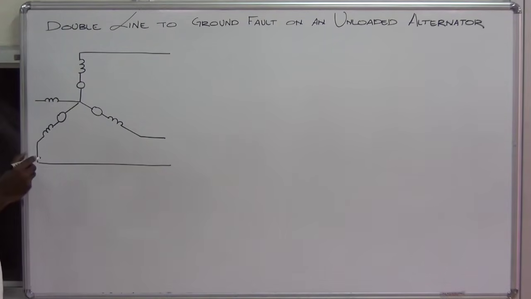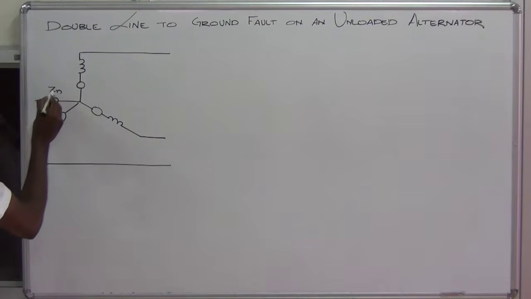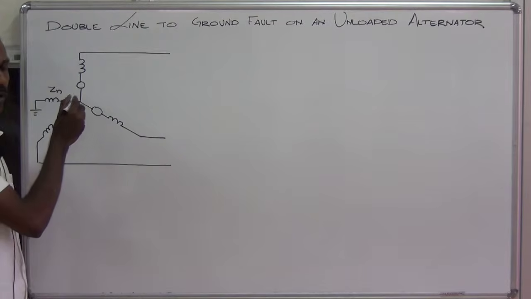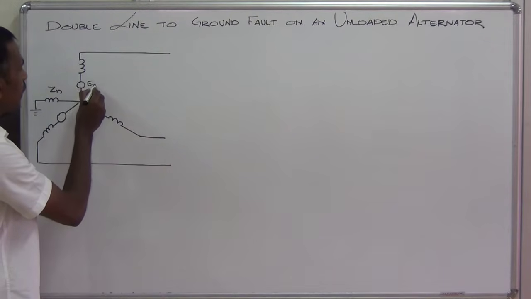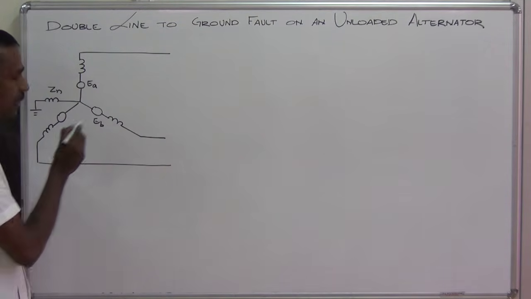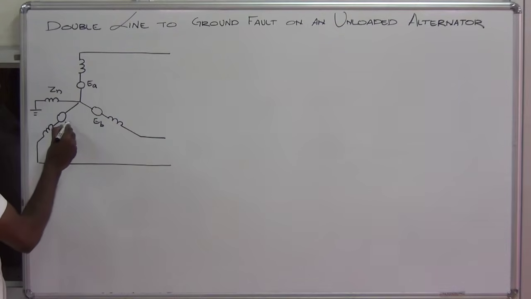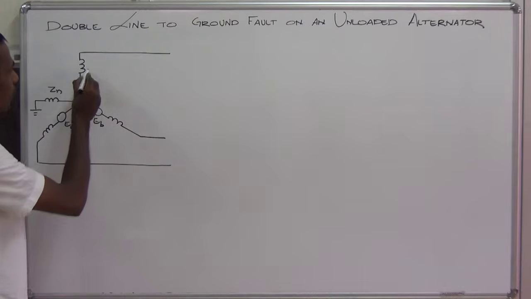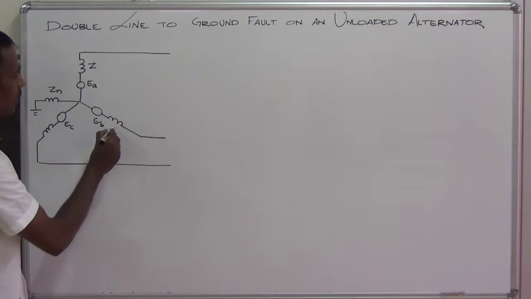This is the neutral grounding impedance ZL. The phase voltages are EA, this is EB, this is EC. The three phase impedances are equal. It can be marked as Z.